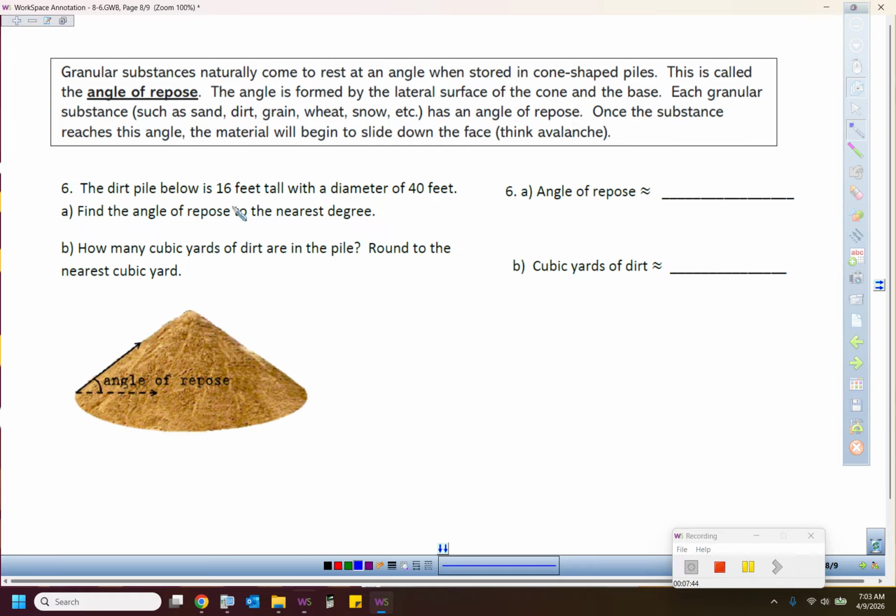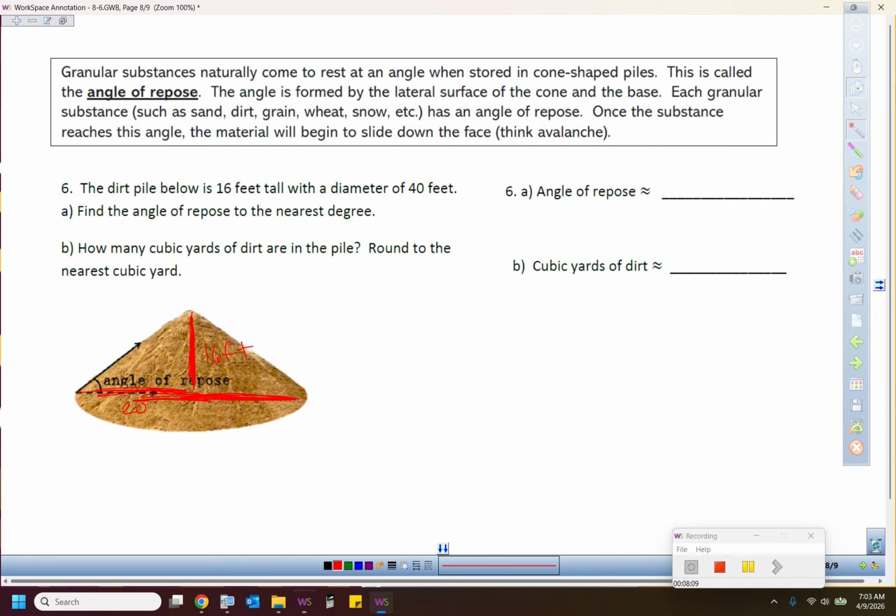They give us how tall this puppy is. So I'll put that this dirt pile, so this is dirt, not sand, is 16 feet tall. It's hard to write on your worksheet because this picture is in black and white. But it's 16 feet tall with a diameter of 40 feet. We don't really care about that diameter, we care more about the radius being 20.